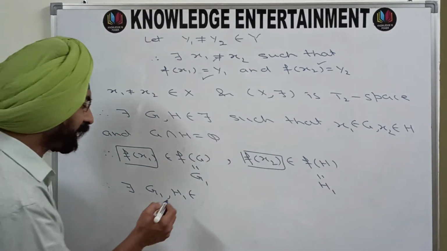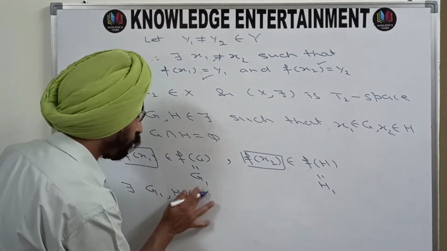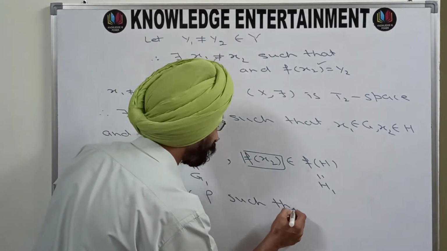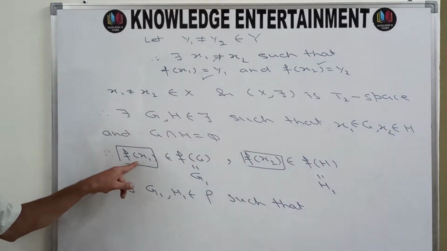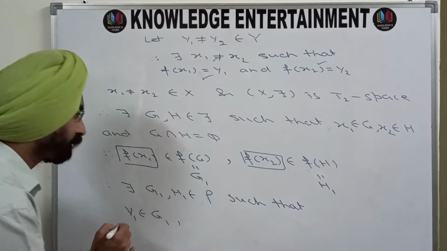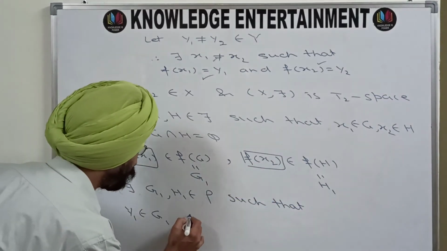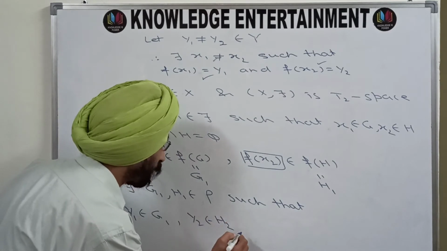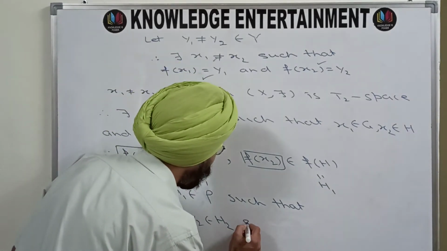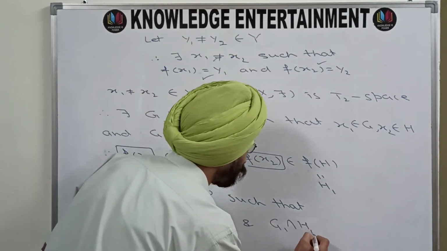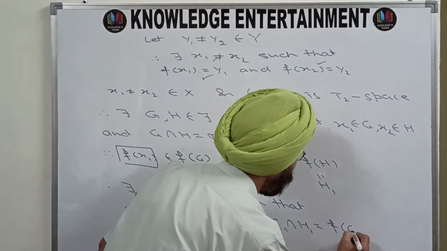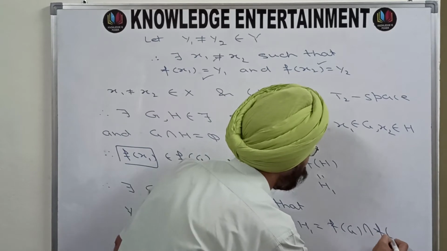So there exist G1 and H1 in rho, the topology of Y, such that Y1 belongs to G1, Y2 belongs to H1, and now think of the intersection of G1 and H1. What is your G1? G1 is f of G and H1 is f of H.